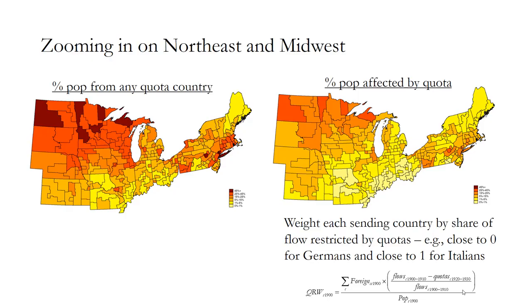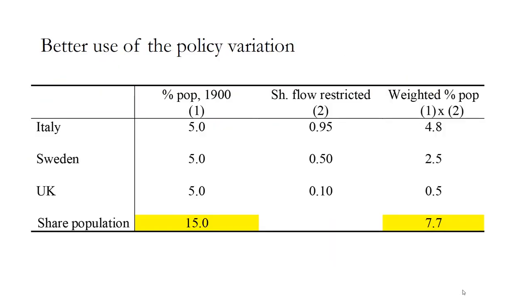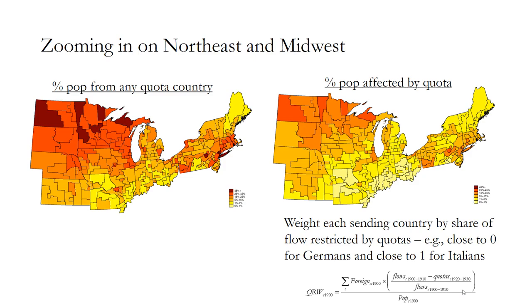And so this is the measure that we're going to be using throughout the paper, which we call the share of the population affected by the quota, and it comes from a set of weights that look very much like this example, where we have the share of the flow restricted by the policy, weighted by the actual share of the population in 1900 from that country. And then the equation for that weight is down here, and it's not terribly relevant for what we're doing, but I will bring it back in one more time before the end of my remarks.